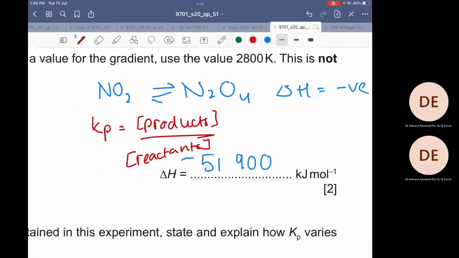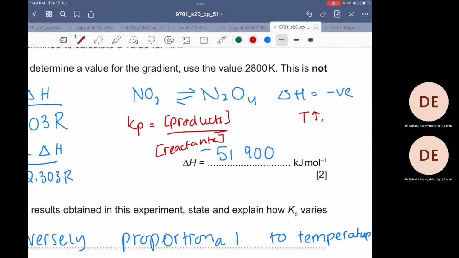As temperature increases, it favors which reaction? Temperature increase, Le Chatelier will try to reduce the temperature by taking in heat. So temperature increase, endothermic favored. Endothermic is the reverse reaction. So you have more reactants than products. So the bigger your reactants, your Kp will be smaller. T increase, endothermic favored, Kp would decrease.